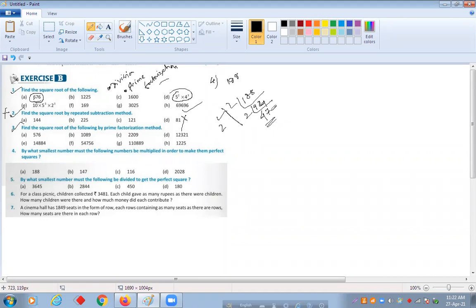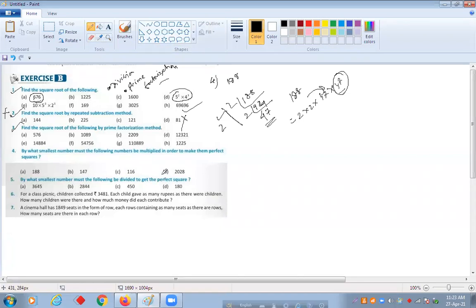So we require a pair also for 47. They are asking by what smallest number must the number be multiplied to make it a perfect square. So 188, if we break the factors, we get 2, 2 and 47. So we require another 47 to complete a perfect square. Yes or no? So by what number do we need to multiply this? Another 47. Clear? Yes, sir.